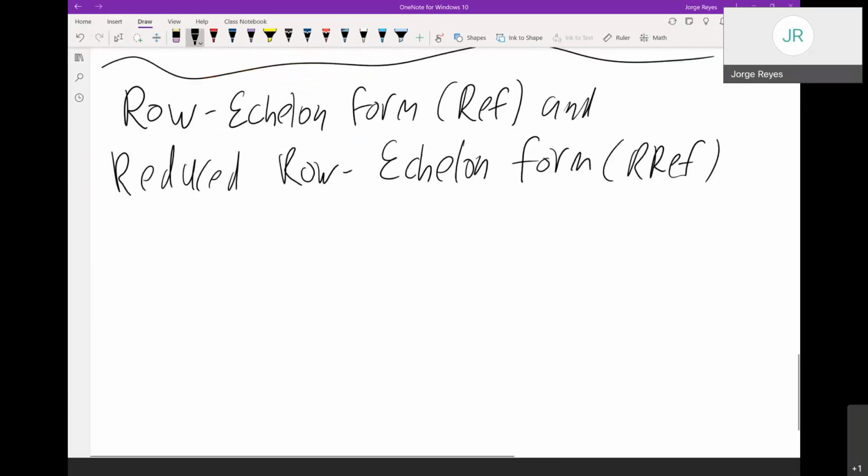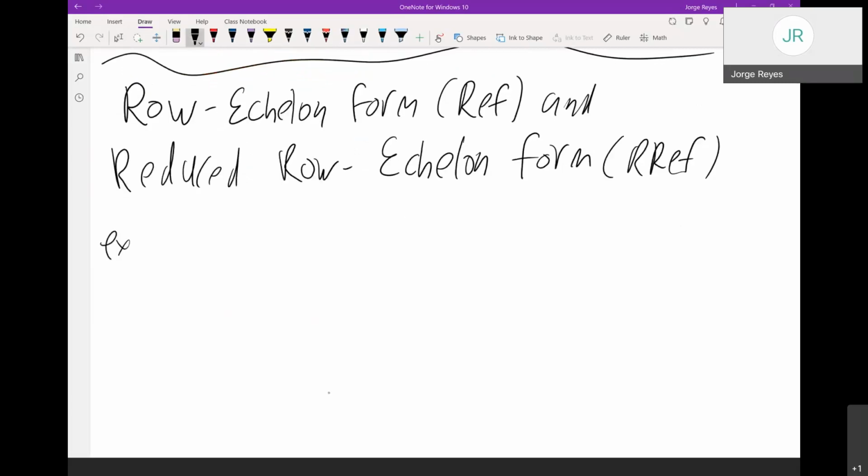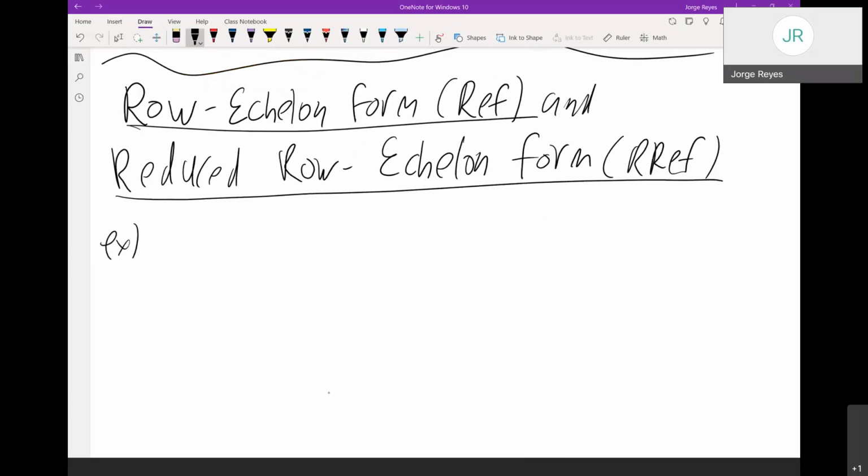Okay, so these are the two forms that you want your matrix to be in to solve it. I'm just going to do examples because the actual definition of row echelon form and reduced row echelon form is very complicated. You need a leading one, and it's a little complicated, but it's actually really simple if you can see this example.